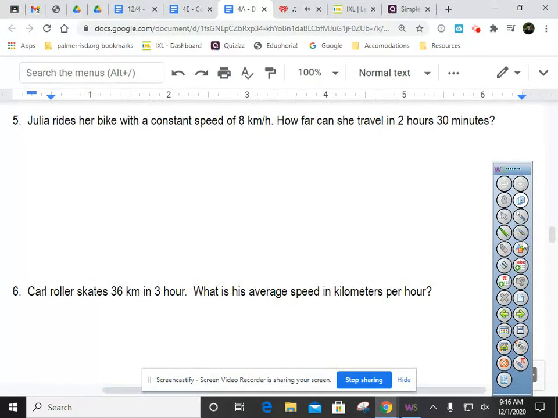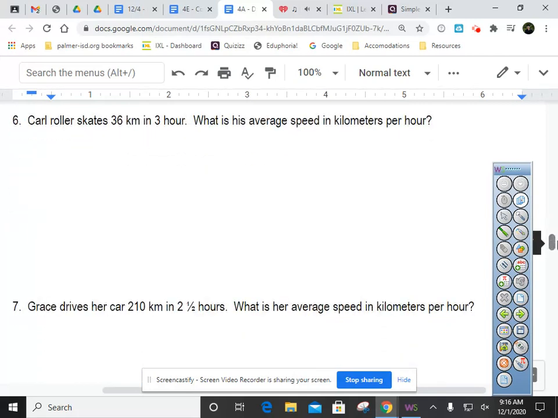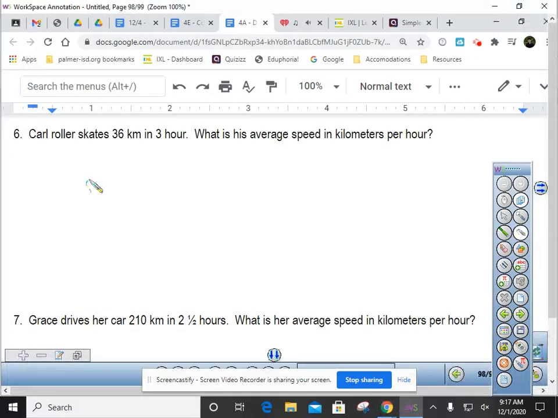Number 6. Carl roller skates 36 kilometers in 3 hours. What is his average speed in kilometers per hour? What is it asking you for? The rate. So you can write the formula. D equals RT. What is the distance? 36. We don't know the rate, right?